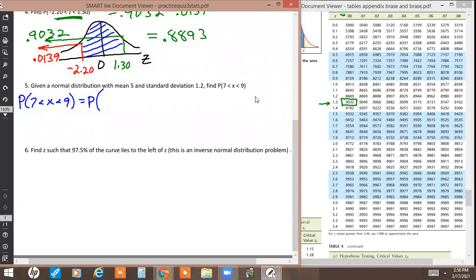So we're going to take 7, the x value, minus the mean, which is 5, divided by the standard deviation, which is 1.2. And now instead of it being less than an x value, we change it to a z value. And that's going to be less than the x value 9 at upper bound, minus the mean 5, divided by the standard deviation of 1.2.